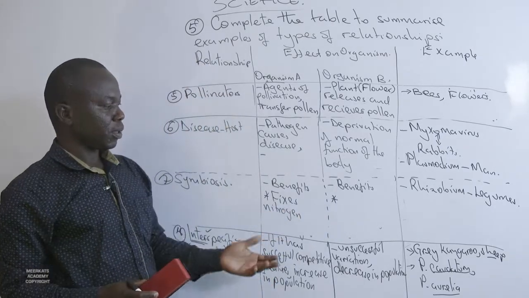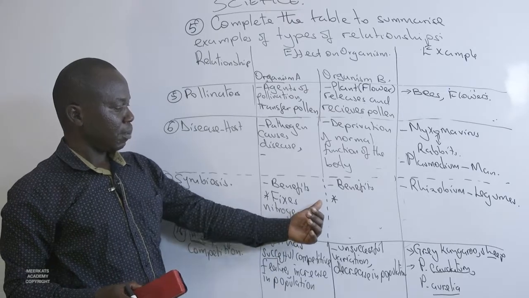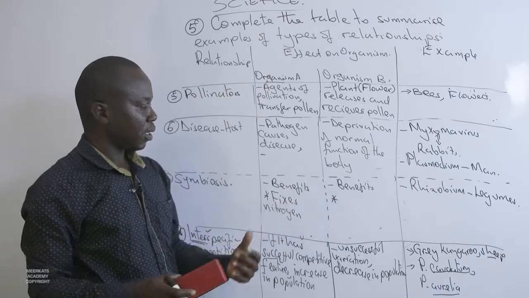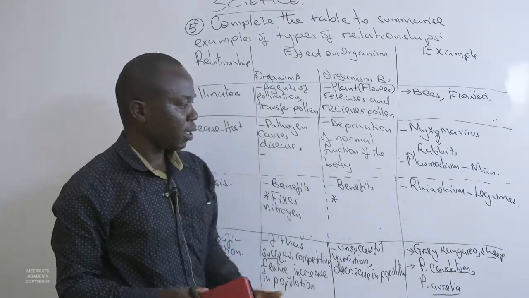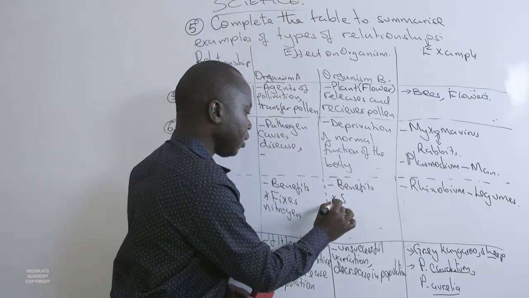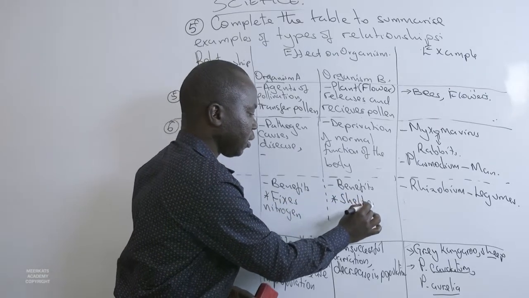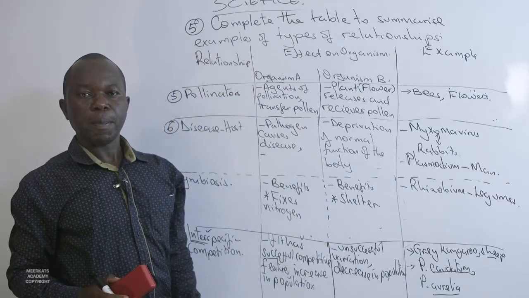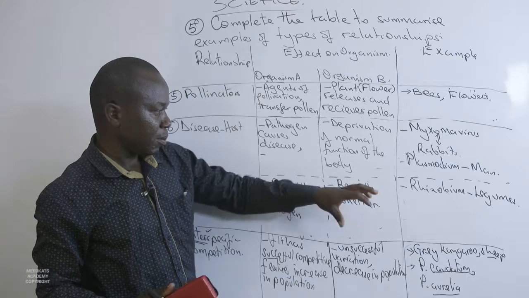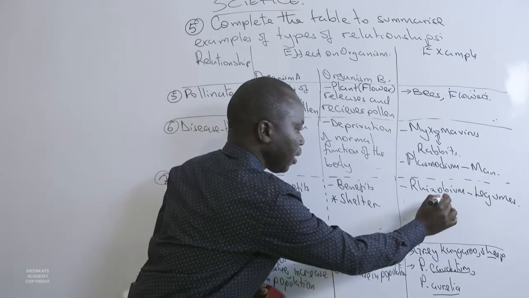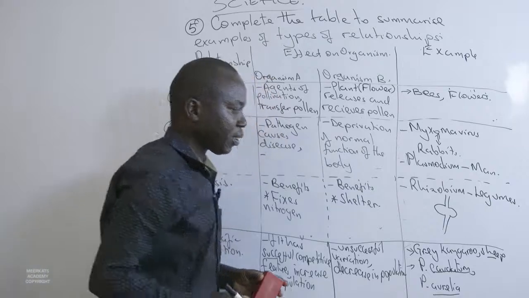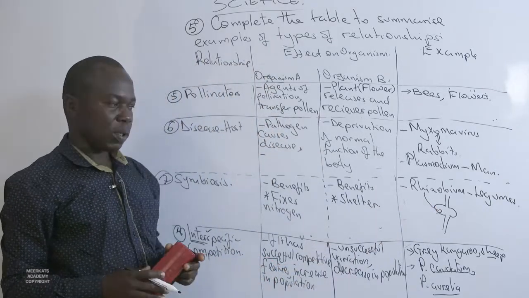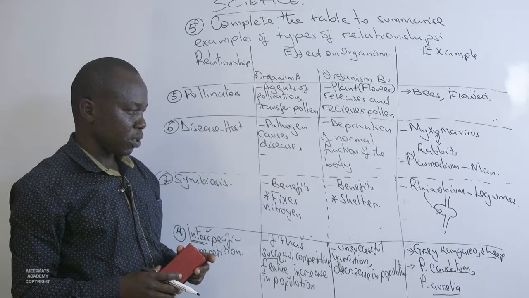And then for legumes, how will they benefit from, or how will legumes assist or aid the rhizobium? We said they provide shelter because it becomes a habitat for rhizobium because of the nodules. Remember, we drew a diagram just to show that if that's the root, the rhizobium will be living in that swelling that is found on the root.